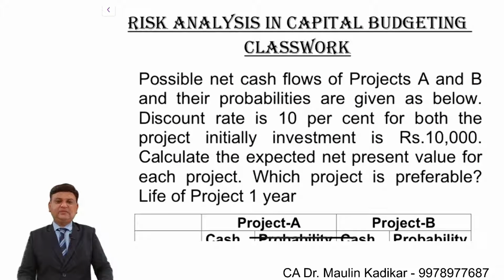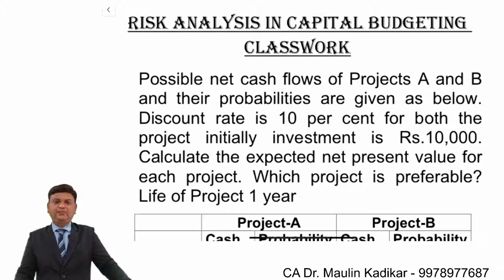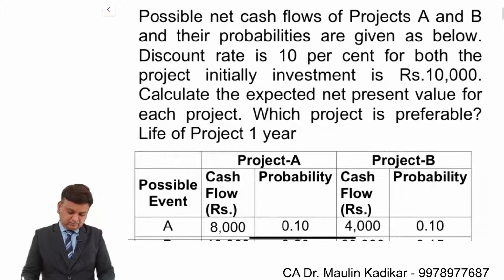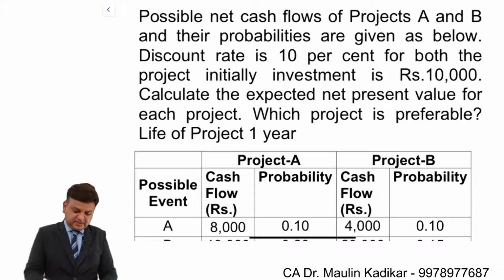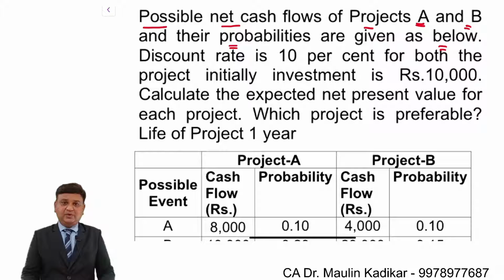Dear students, we are starting with the very initial basic questions wherein we are going to understand application of the probability distribution method. Let us start with the numericals. Possible net cash flows of project A and project B and their probabilities are given as below.